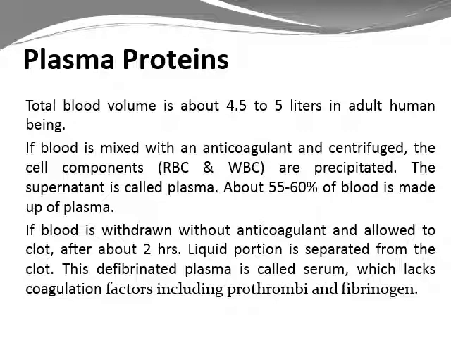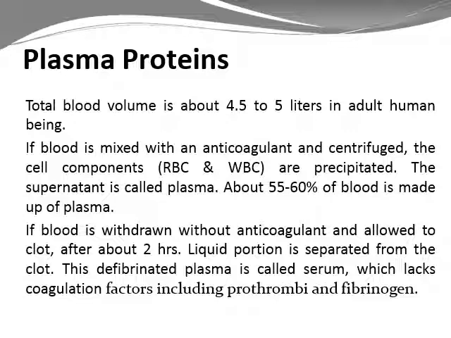Now, if you allow the blood to react with an anticoagulant, that is any drug that will prevent the coagulation of the blood, and then if you centrifuge the blood, it will allow the cells of the blood to be separated. By cell, I refer to RBCs and WBCs. And the supernatant that we get from these reactions is known as plasma.